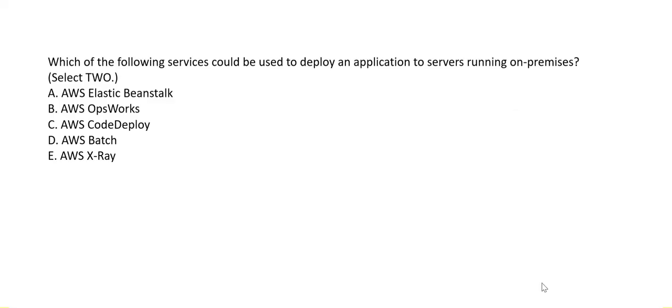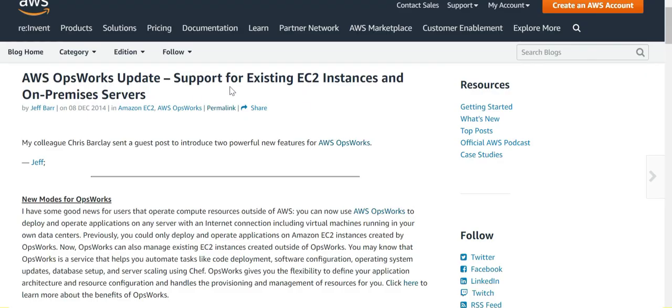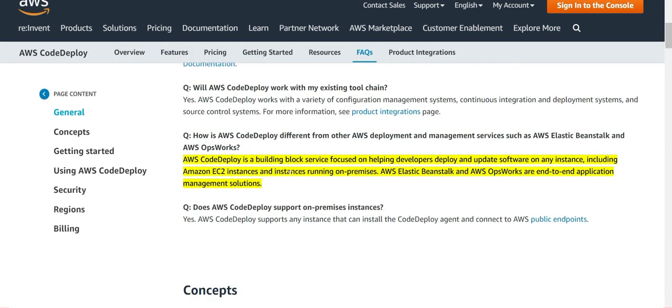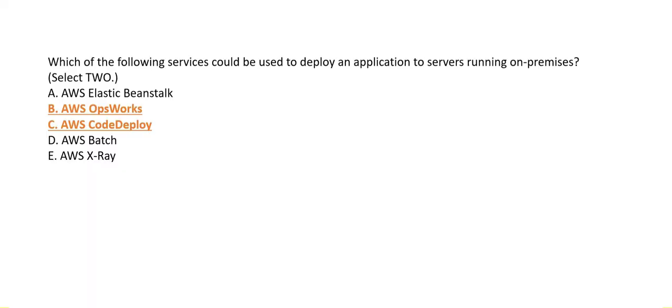So you want to deploy applications to servers running on premises. Which tool will you use? You will use OpsWorks, CodeDeploy. You see this blog, OpsWorks supports on-premises servers. So CodeDeploy manages EC2 instances as well as running on-premises, it will work. Hence, these are our two answers.